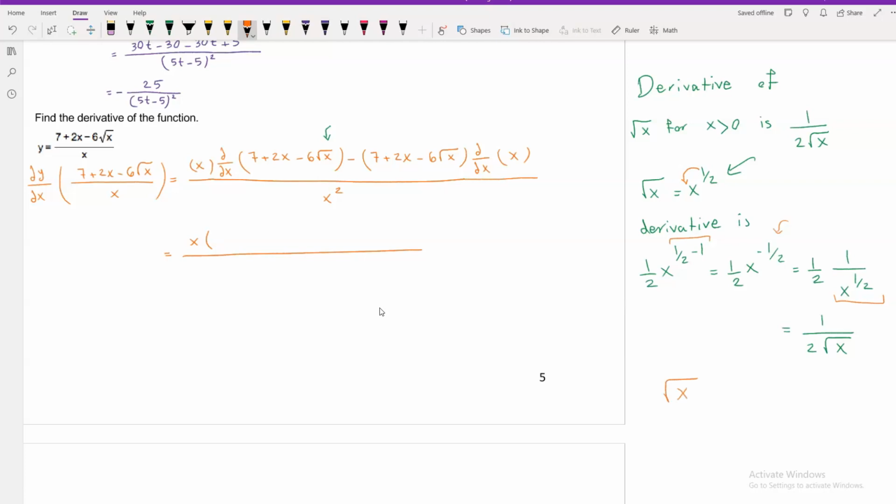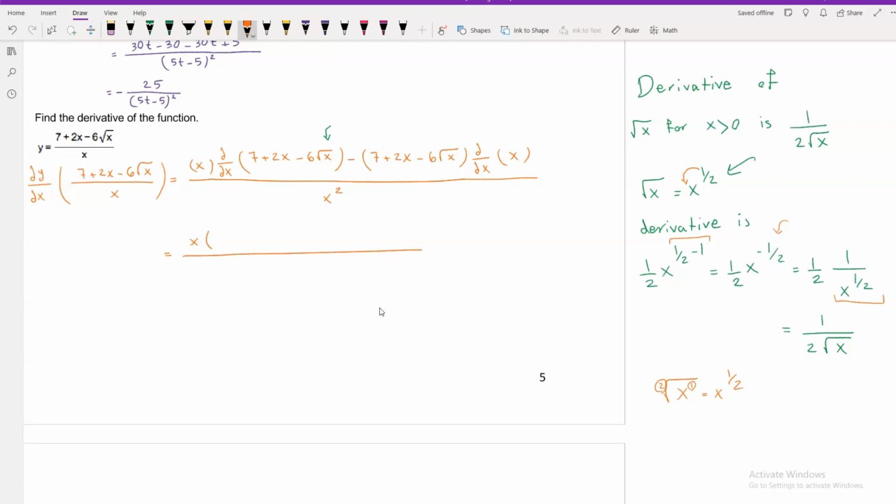Recall what square root of x is: here the power is 1 and here the index is 2. So writing what we have inside the radical, x, on top, and the denominator is our index.